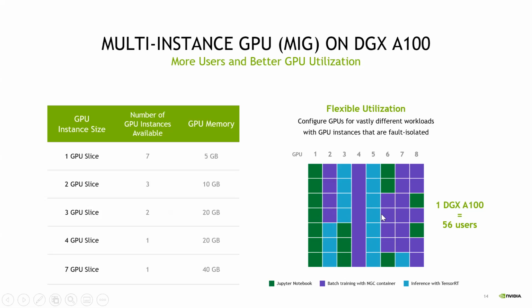And similarly you can slice it according to how you want it. And in a single A100 server, you can get 56 concurrent users using the same compute.